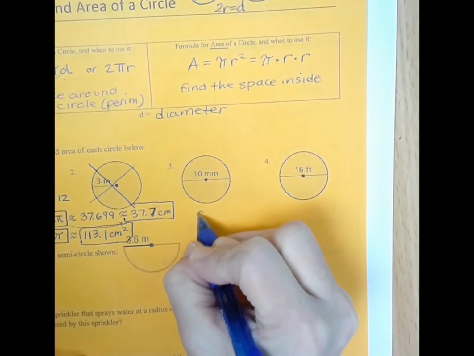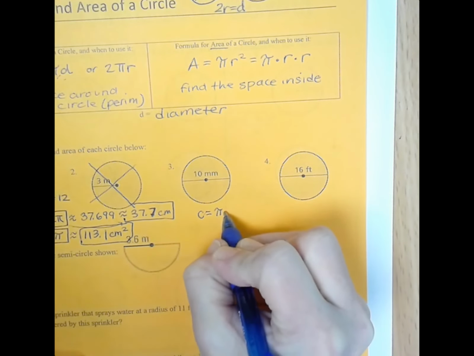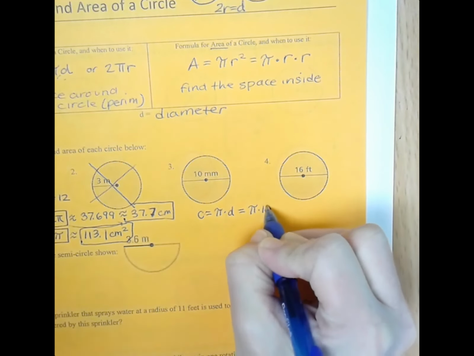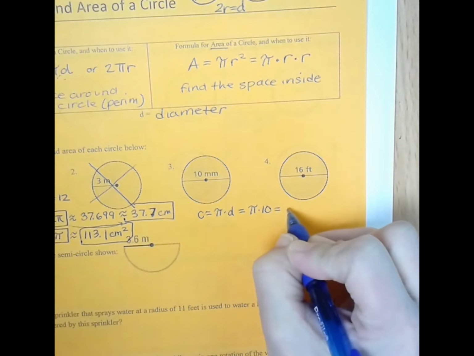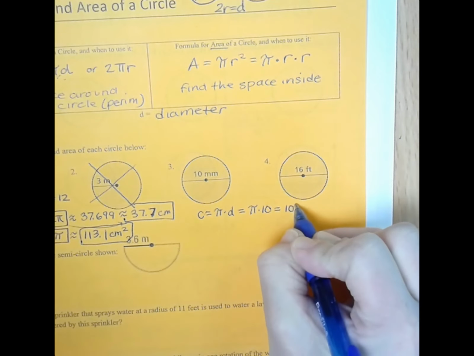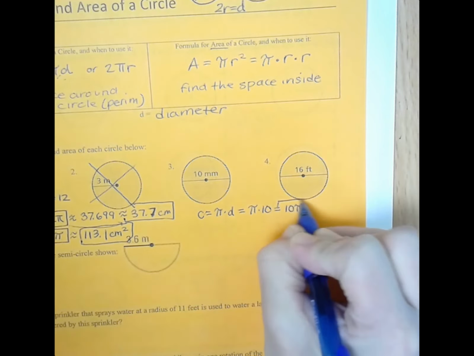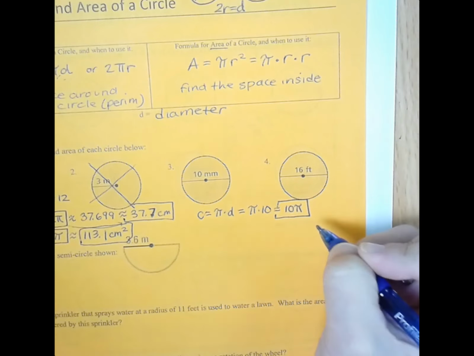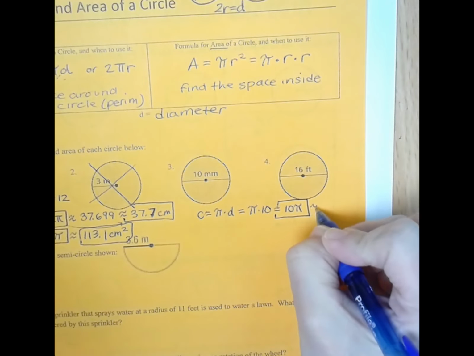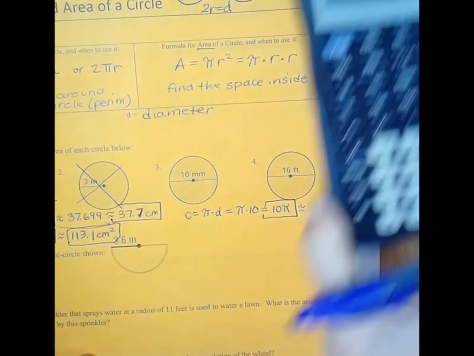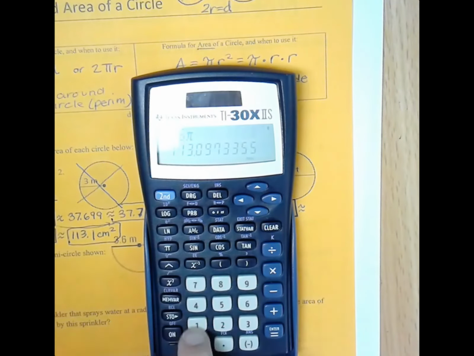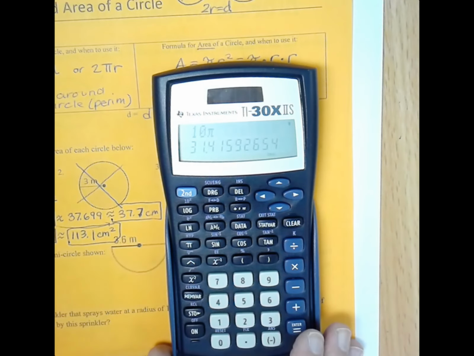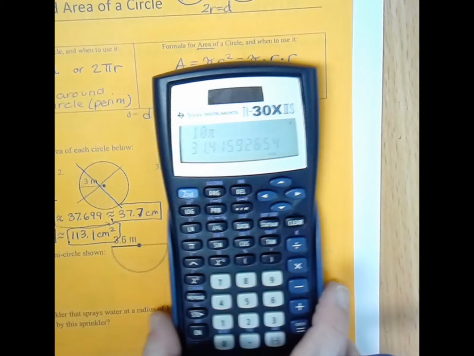All right, for number 3, the circumference is pi times diameter. So we have pi times 10. Okay, remember, for leaving it in terms of pi, we're going to put the number first and the pi second, almost like we do, well, exactly like we do with variables, like we write 5x instead of x5. All right, this is approximately, let's see what 10 times pi equals, 31.41.